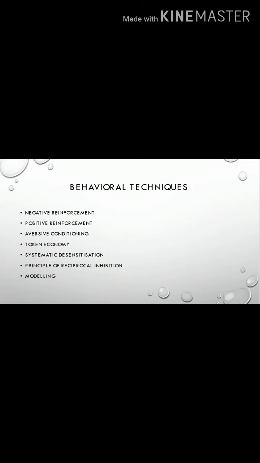This process is continued until the patient asks to stop due to overwhelming anxiety. After several sessions, the patient is generally able to visualize anxiety at the highest level of the hierarchy. The treatment continues by repeating this process. So this is all about systematic desensitization.